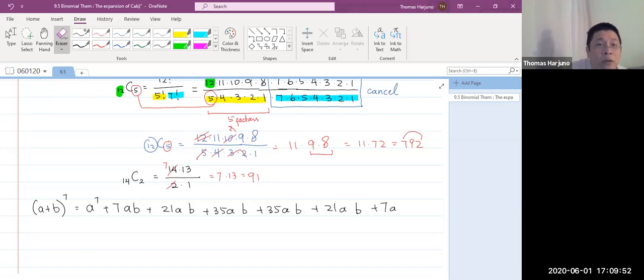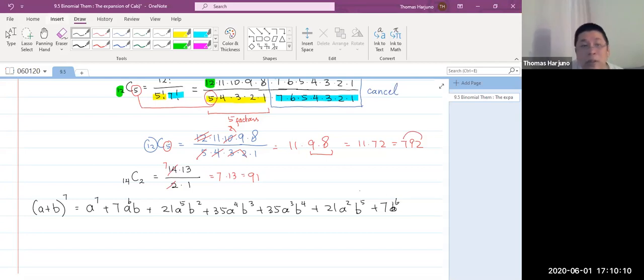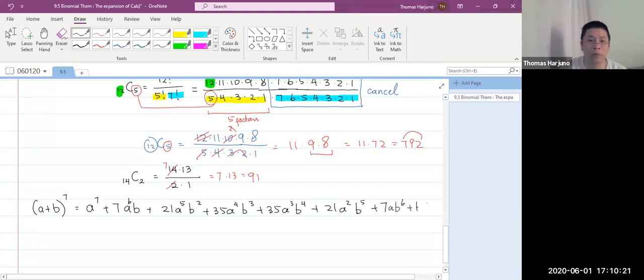My bad. So it should be a to the 7, 7a to the 6th b, 21a to the 5th b squared, 35a to the 4th b cubed, 35a cubed b to the 4th, 21a squared b to the 5th, 7ab to the 6th, plus b to the 7. That's what we had earlier, right?